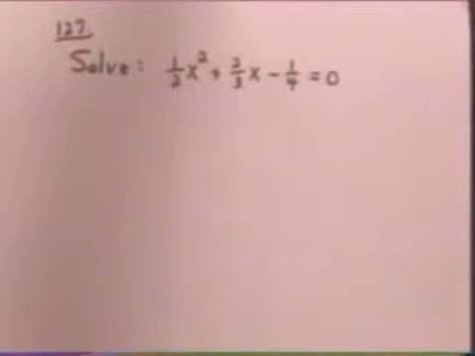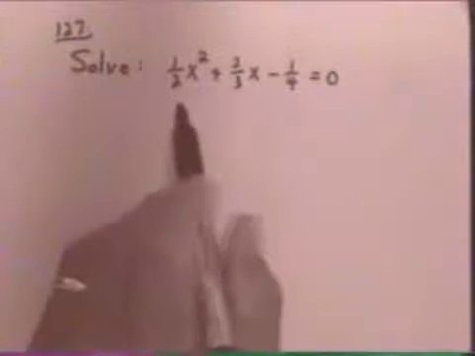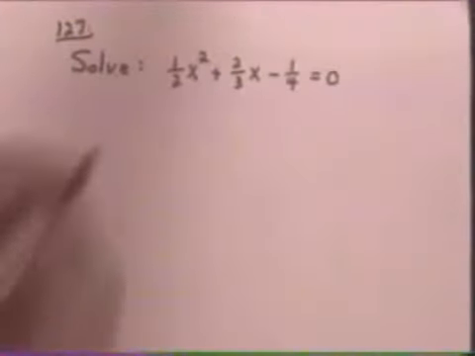Let's solve 1/2 x squared plus 2/3 x minus 1/4 is equal to 0. Now, as always, anytime you have fractions, you want to eliminate them by multiplying both sides by the common denominator. The common denominator between 2, 3, and 4 is 12.